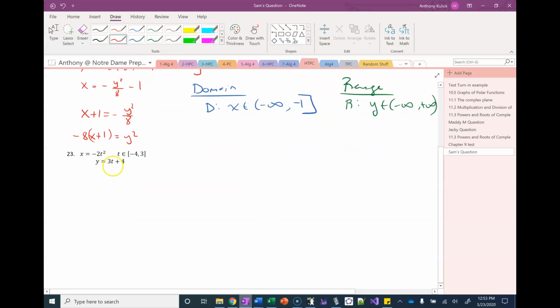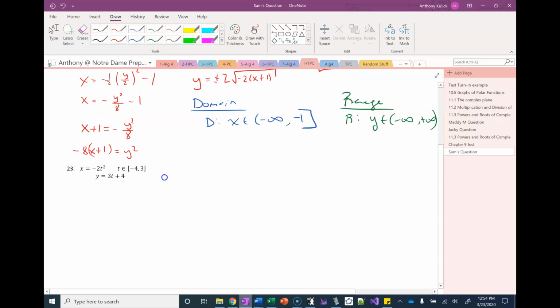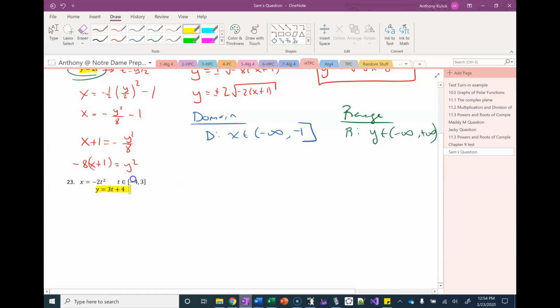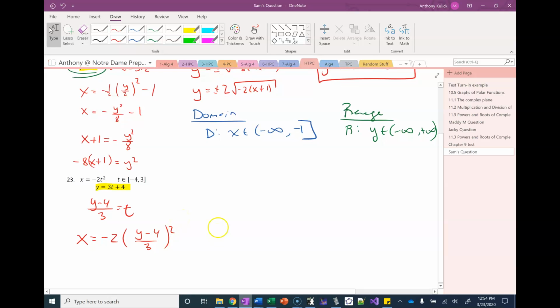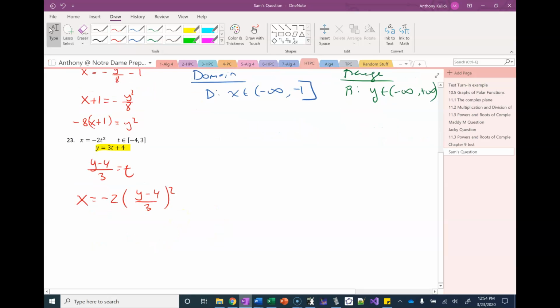Let's look at 23 now. Again, I'm going to start by trying to get one of the variables in terms of t. I'm going to stay away from that quadratic one, and I'm going to start with the y again. To get the t by itself, I'm going to subtract 4 and divide by 3. And when I plug t in, I have negative 2 times the quantity y minus 4 over 3 squared. Again, we want to get the y by itself.